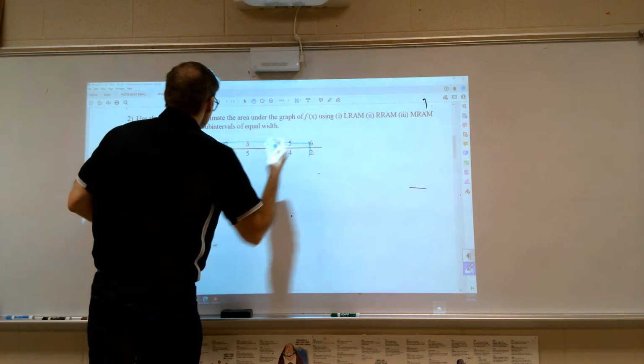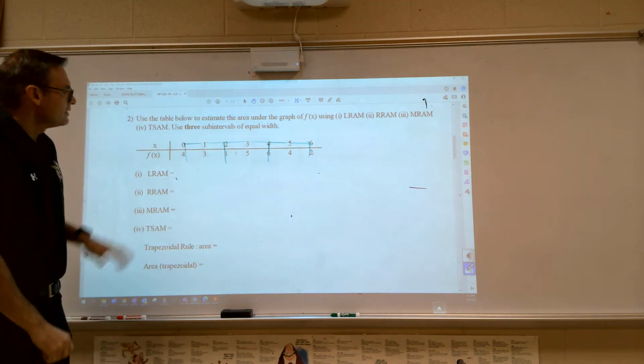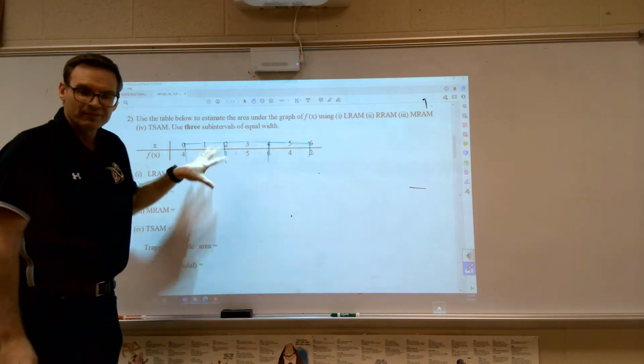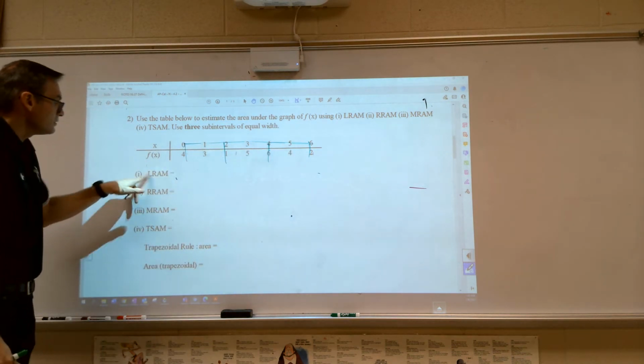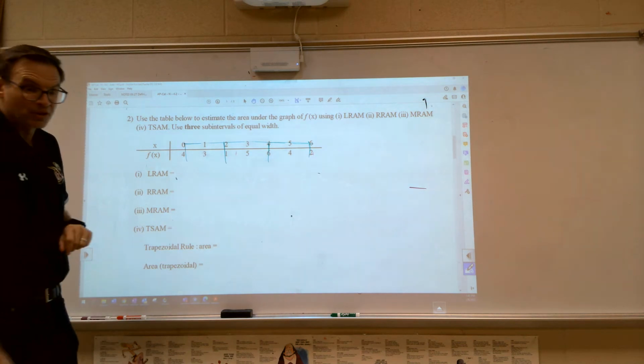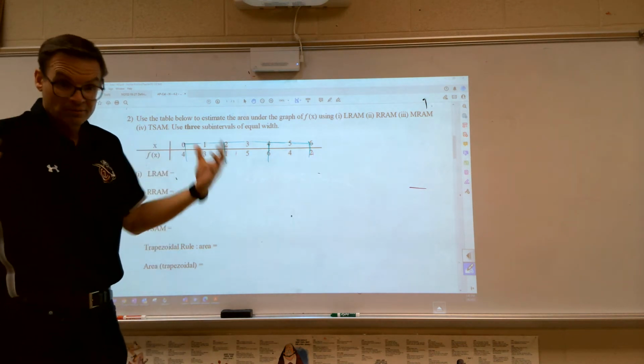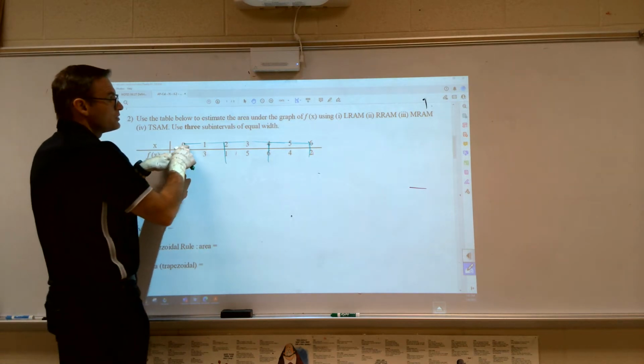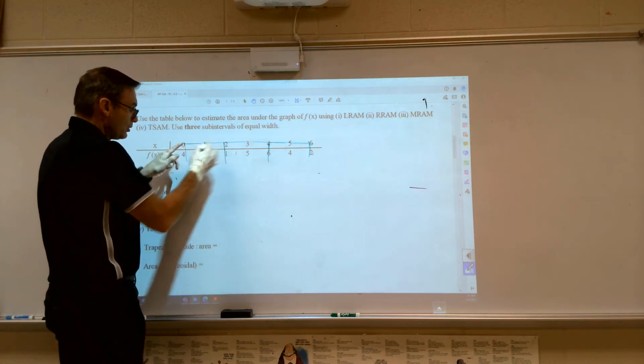When I erase some things, now when I look at this, I've got my 3 rectangles. If I'm going to approximate the area using LRAM, or left endpoints, I need to know the width of my rectangle. From here to here is 2.